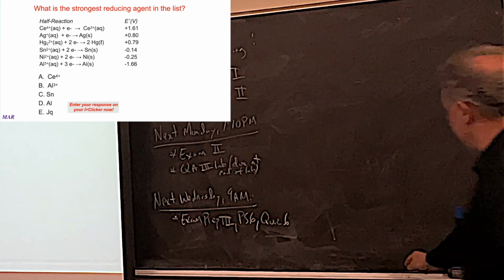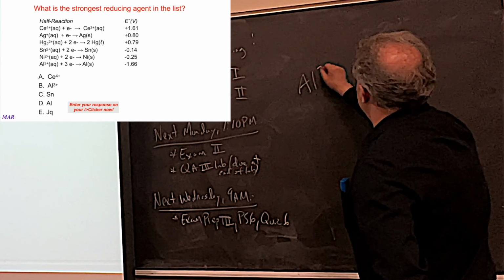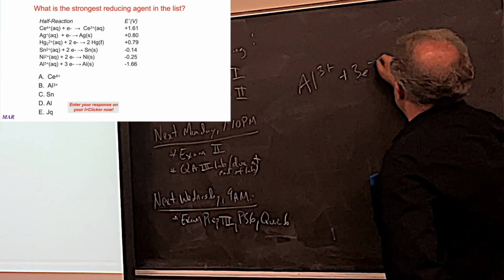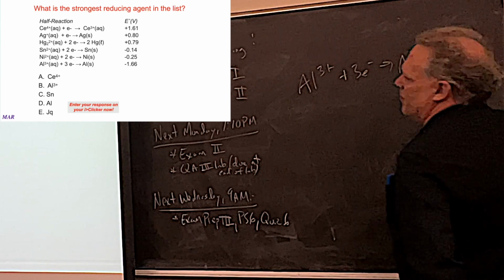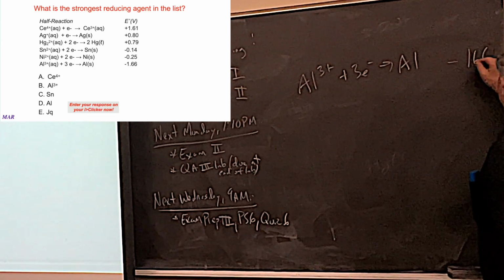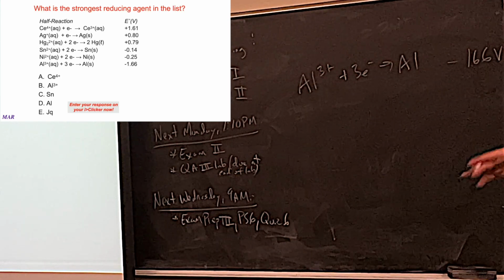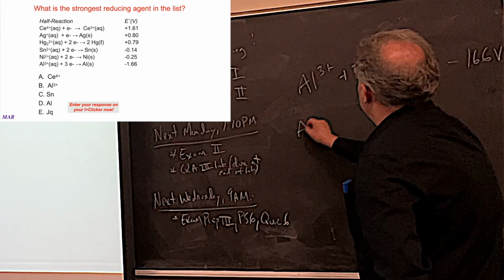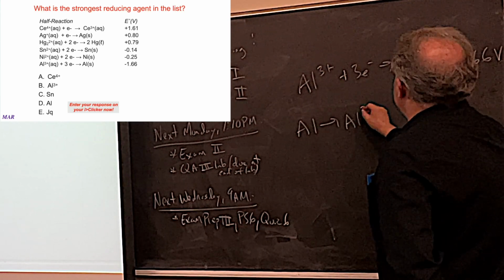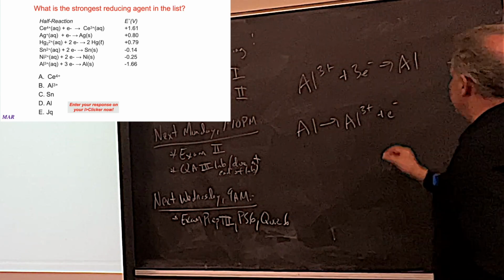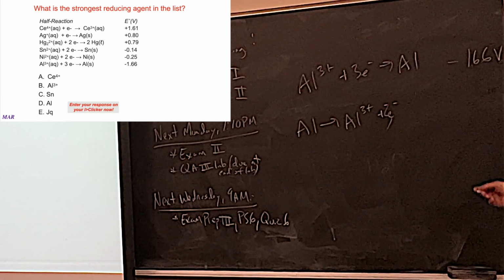And so what that means here is that, for example, the last one, aluminum 3 plus and 3 electrons making aluminum, has an E cell of minus 1.66 volts. We want to flip all of these around. So aluminum is going to be losing electrons. It's going to create 3 electrons.